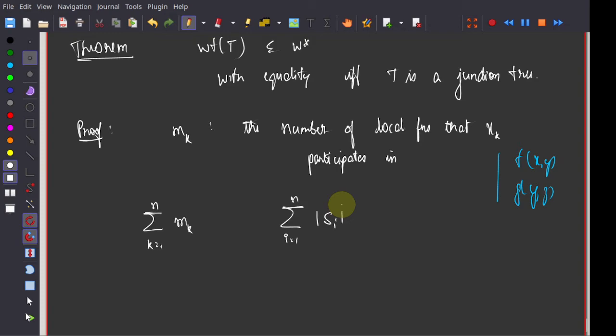I agree that it will be less than or equal to. Can you make a stronger statement?